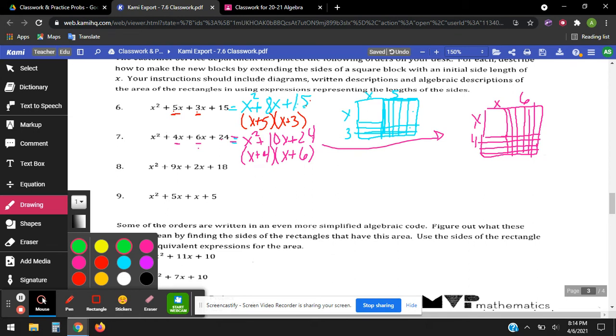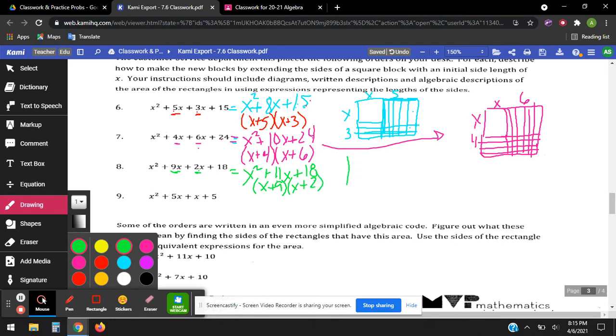Okay, so this one got 9 and 2. So it's going to equal x squared plus 9 plus 2 is 11x plus 18. Well, I need two numbers that add to equal 11 and multiply to get 18. Look at that. 9 and 2 add to make 11. 9 times 2 is 18. So x plus 9, x plus 2.